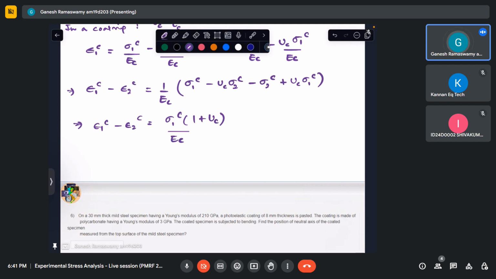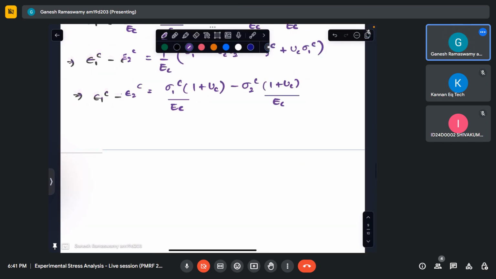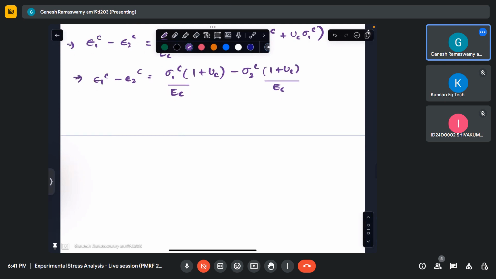So this gives me epsilon 1c minus epsilon 2c is (1 plus mu c) by EC into (sigma 1c minus sigma 2c).